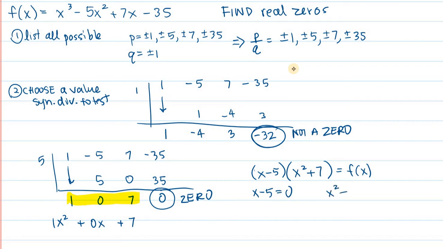And x squared plus 7 equals 0. That's our zero product property. So x equals 5. And over here, x squared equals negative 7. Uh-oh. What happens when you square root a negative number? You get an imaginary number. So that is not a real 0. The only real 0 is x equals 5.